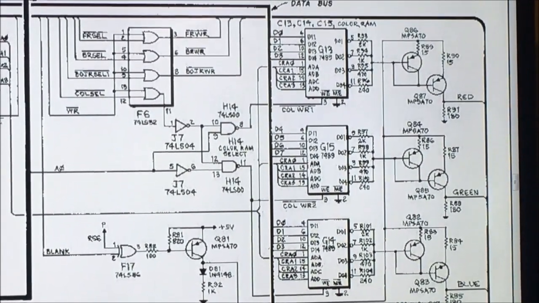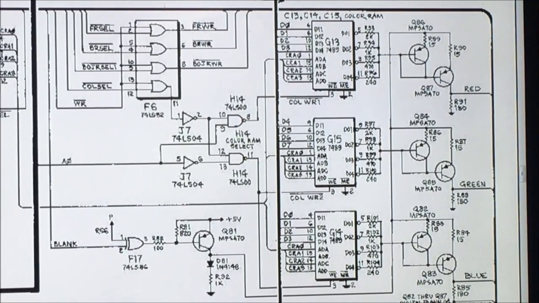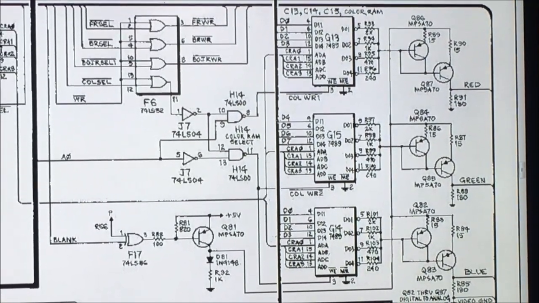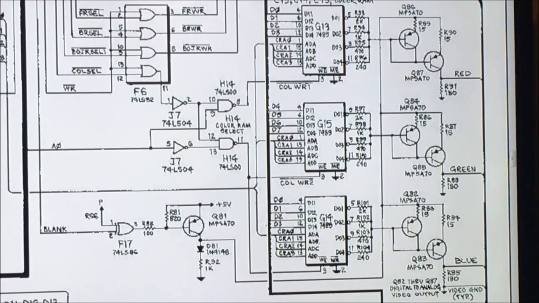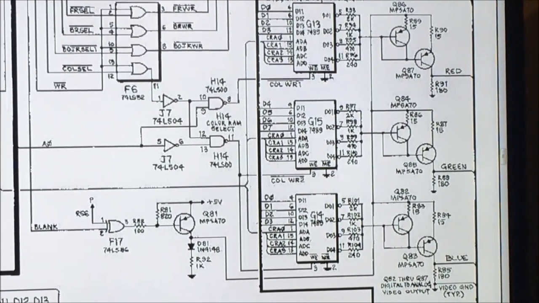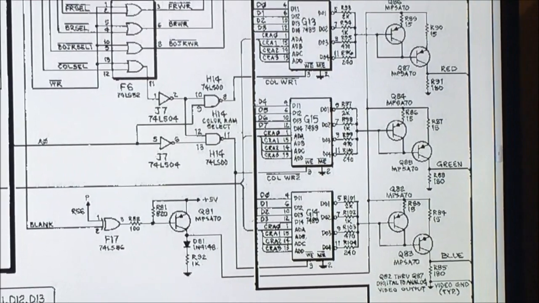I'm going to start with that blanking signal, and I'll probe all of these. I'll find these color RAMs, because I know where the transistors are on the board. They're easy to pick out.